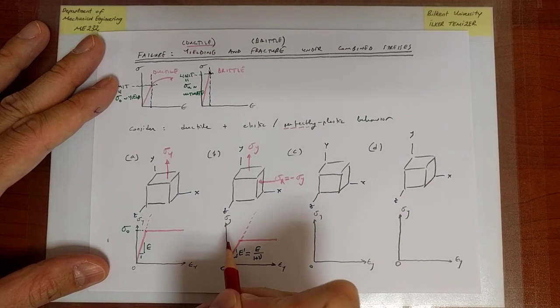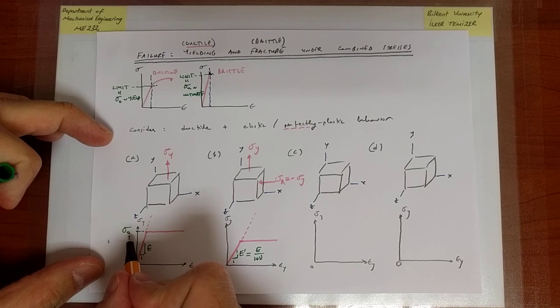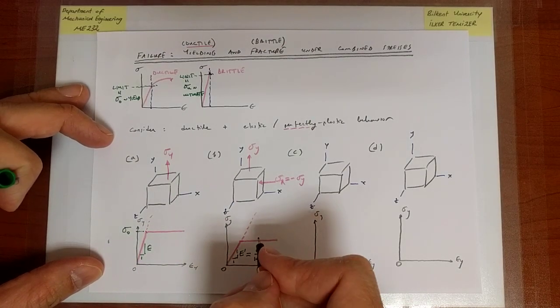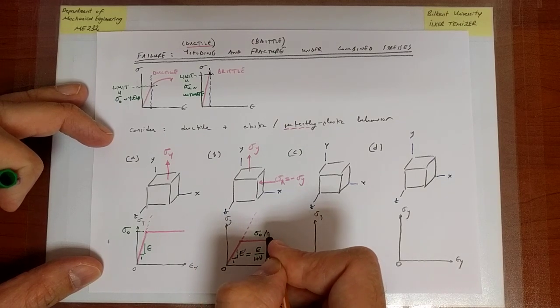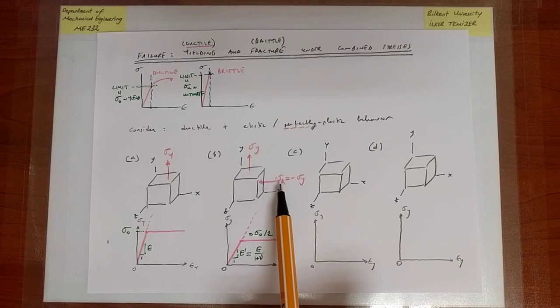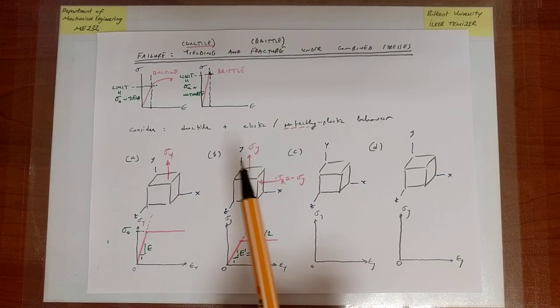Now, does it become flat at the point that I encountered earlier? It turns out no, it doesn't become flat at the same value, but rather at approximately half the value.